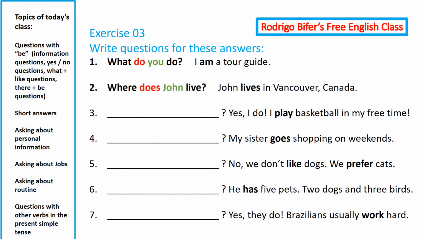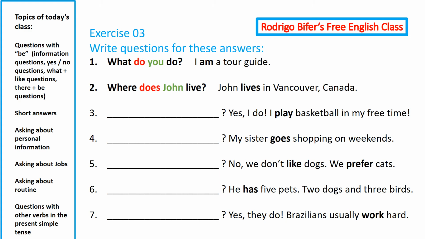where does John live? I just changed the question here. The answer before was I live in Vancouver, but here I changed it to John lives, because I wanted to use the third person, he, John.